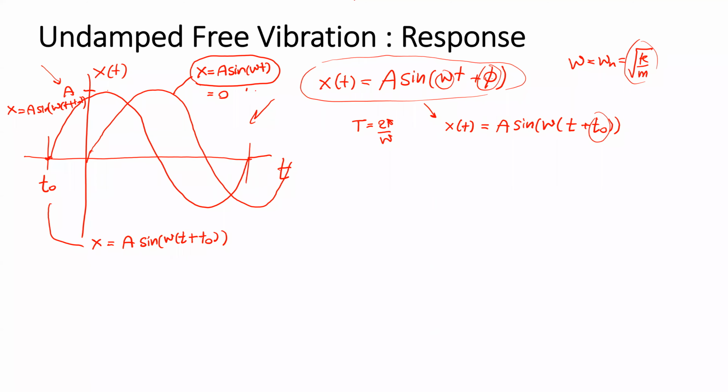When time t is equal to 0, x(t) equals 0, because sine 0 equals 0.